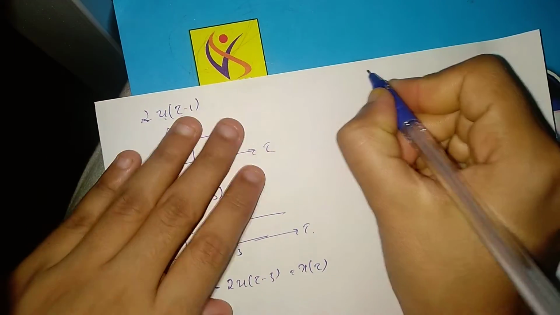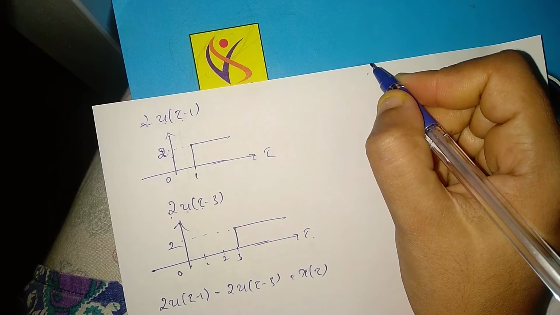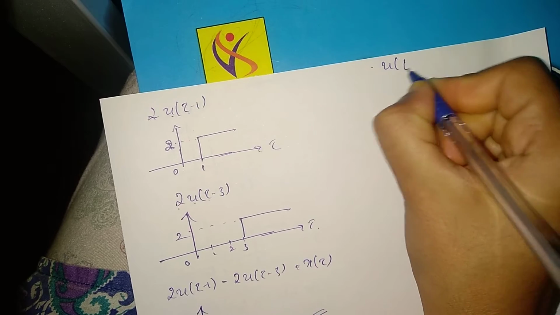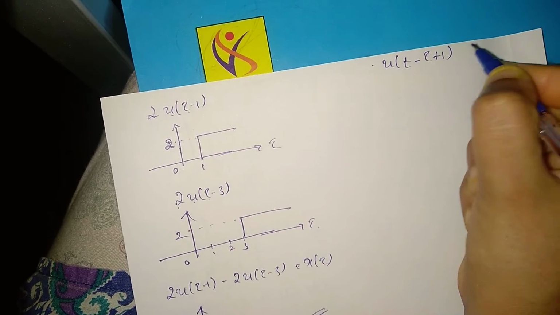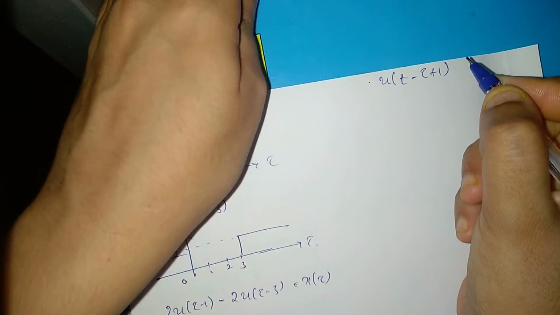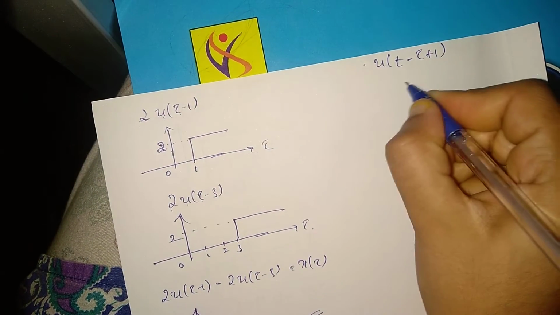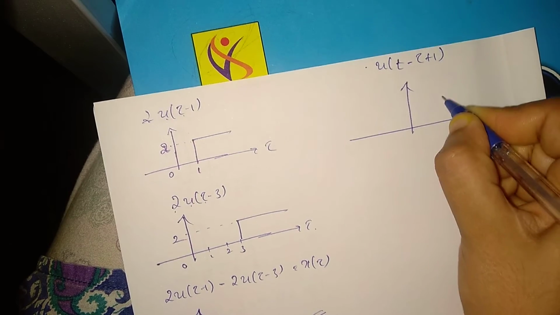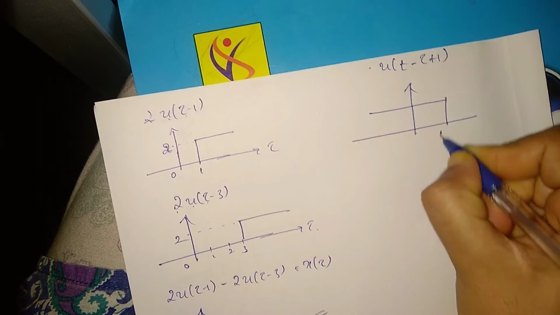Now let's plot h of t minus tau. First, u of t minus tau plus 1. Let's see how we can draw it. This is starting from t plus 1.